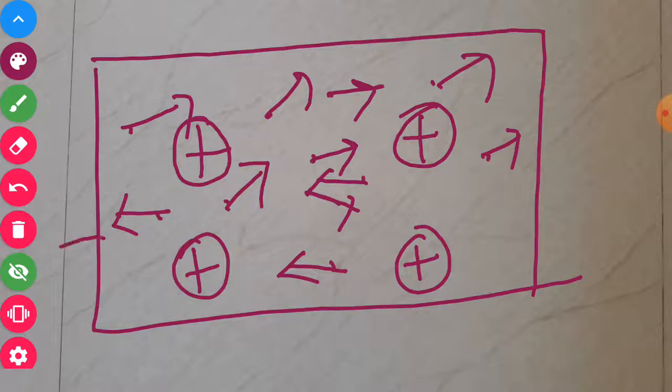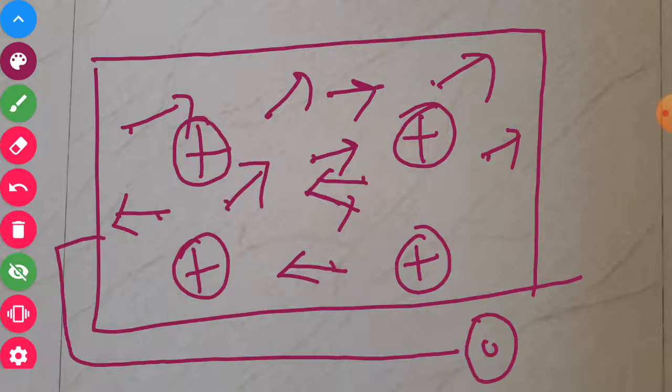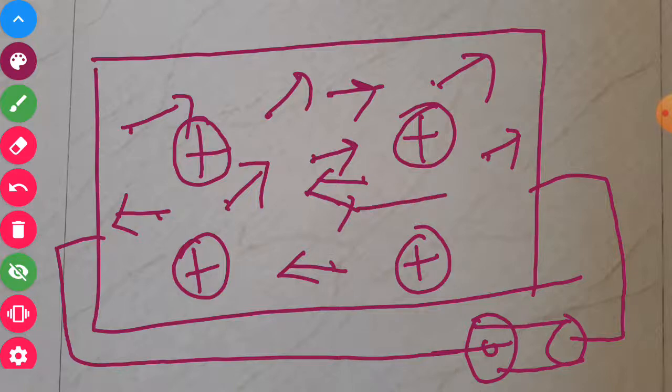But when you join a cell here, what will happen? These electrons will have a particular force exerted on them and they will start moving in one particular direction.